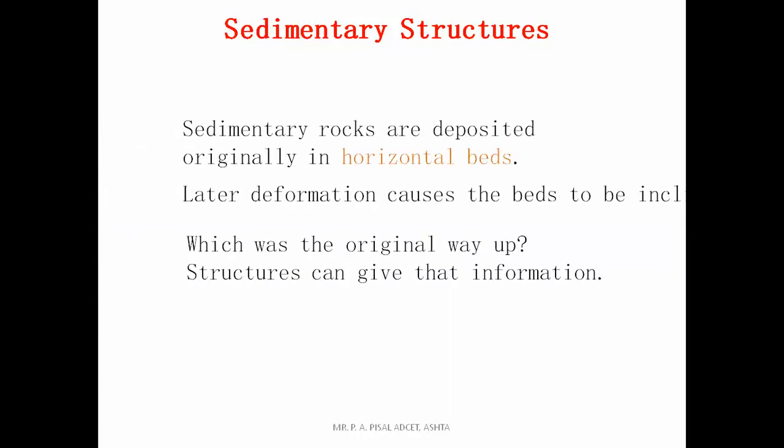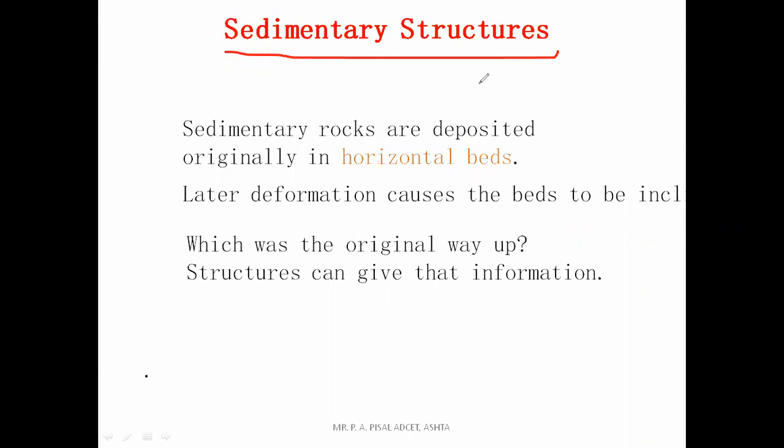Now we are going to discuss sedimentary structures. As we know, we have discussed the different structures of igneous rock. Likewise, sedimentary rocks also have different structures, similar to igneous rock. Now, what is the meaning of structure?